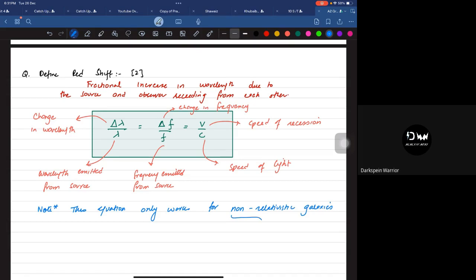Now, what this word non-relativistic means: a body moving at a speed much lower than the speed of light. All right, so this is for this, and which is the case of almost everybody.